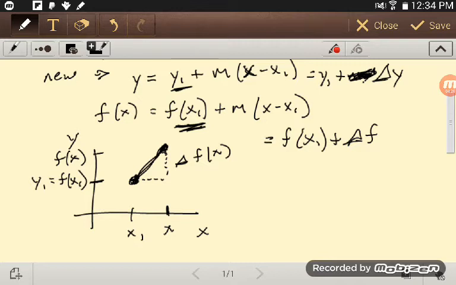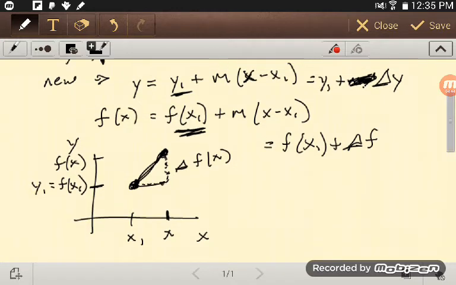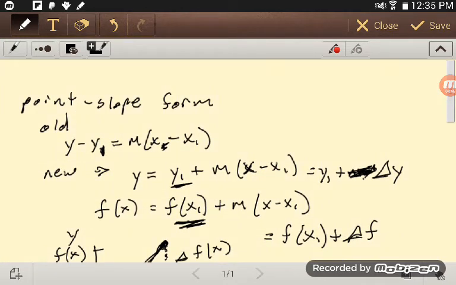But how do I get that change? Oh, from the slope and how far over I'm moving in x here. Okay, so that's the new form that I'd like you to begin to embrace. I will tend to use this form instead of doing the y minus y1.